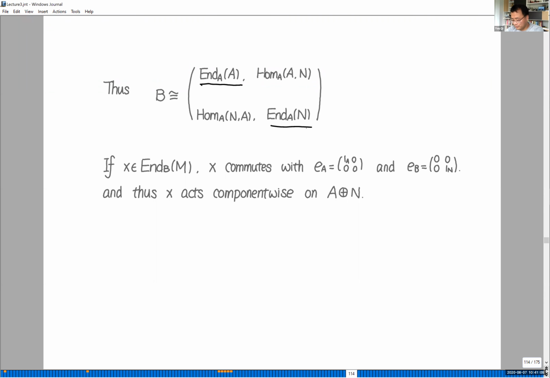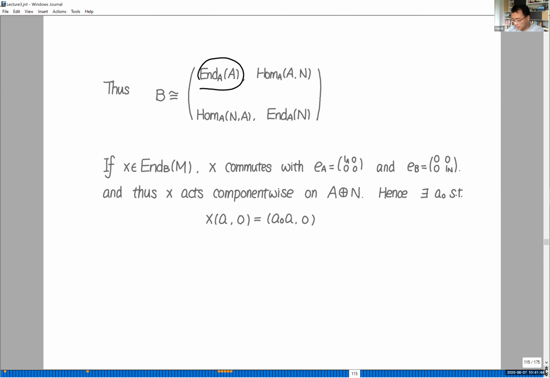These are identity maps on A and N. Using this, you see that x just acts component-wise on A direct sum N, so it respects this decomposition because it commutes with the projections onto A and N. In particular, because the double endomorphism algebra of the first component A over its endomorphism ring is just A itself again, there's always an element a_0 such that x times a is equal to a_0 times a on the left.